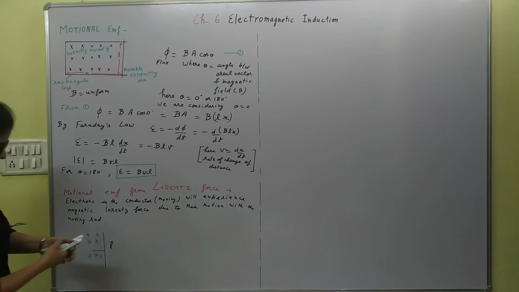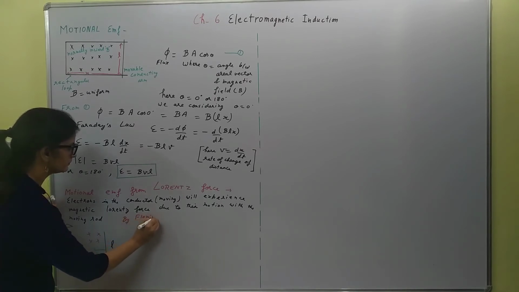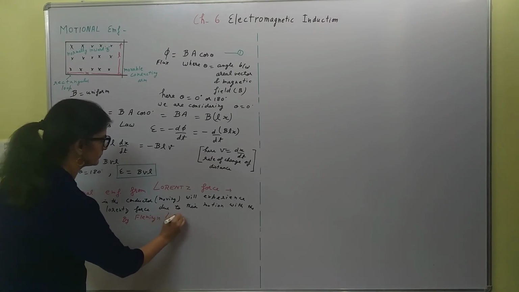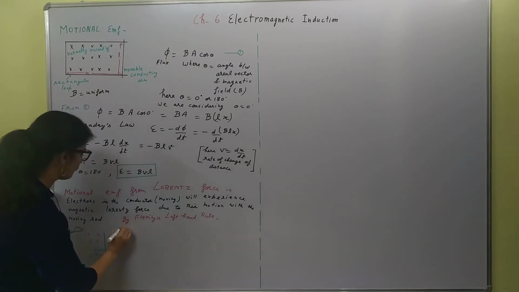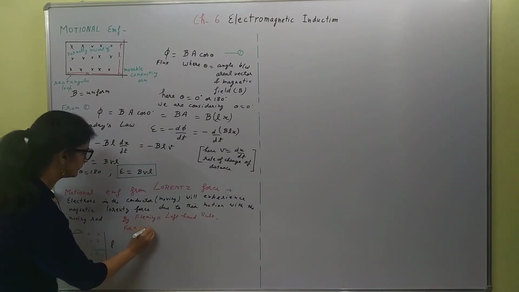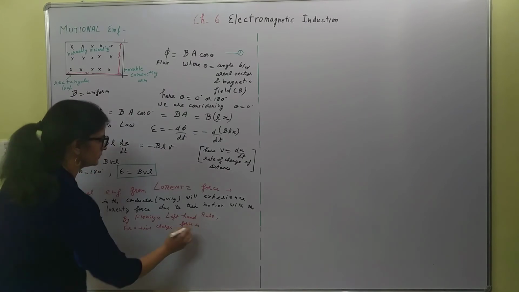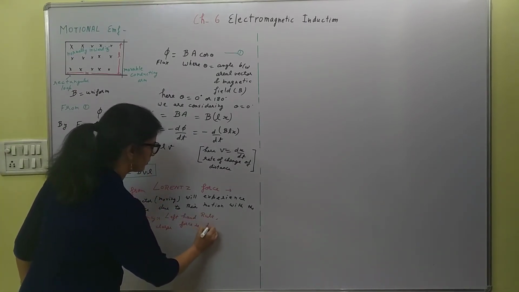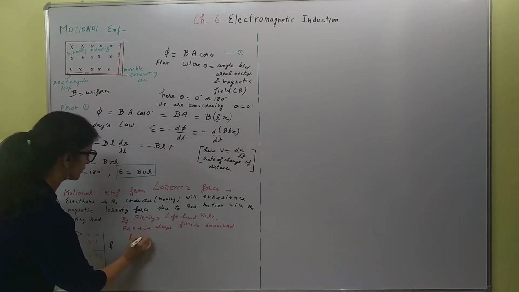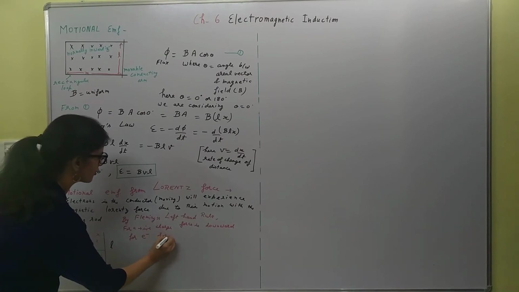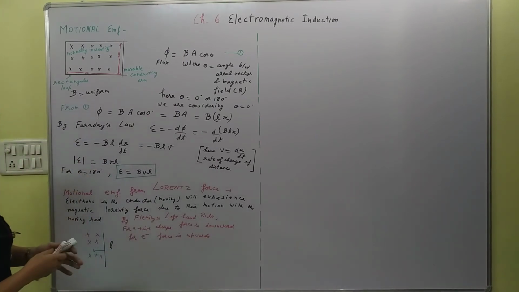So you can say that by Fleming's left hand rule, for a positive charge, force is downward. For electrons, force is upwards.